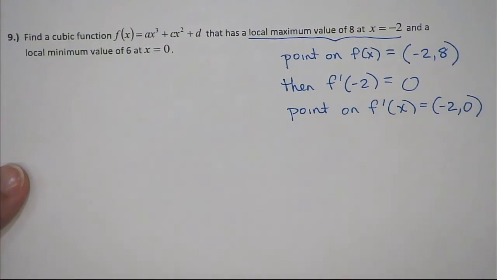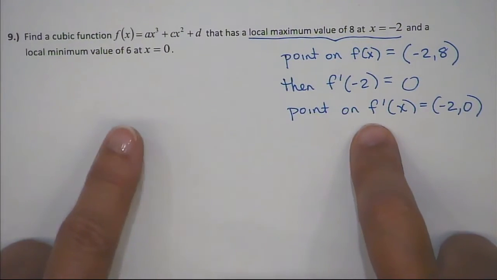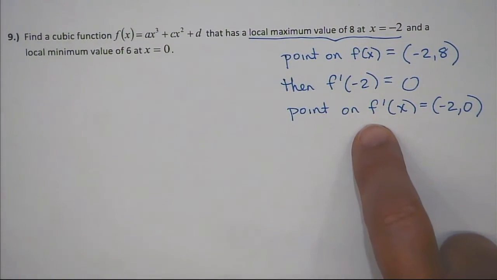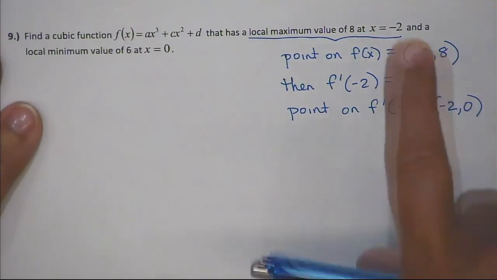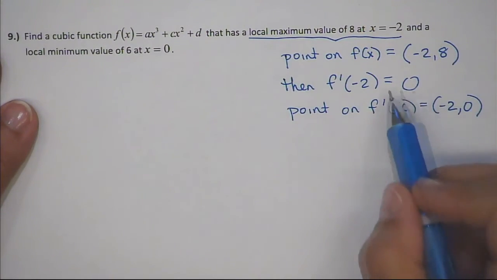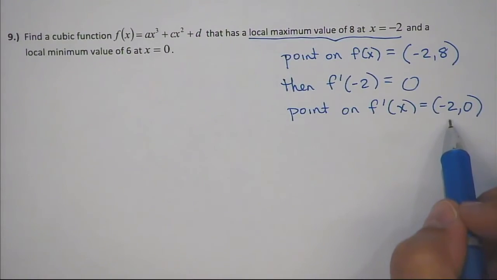That's a point on the derivative. Think about that. Okay. So if I'm looking at a graph and I see a maximum at negative 2, 8, so it goes like that, right there at negative 2 has a horizontal tangent line, which means its first derivative is 0. And first derivatives are ordered pairs on a derivative function. So that would be an ordered pair.